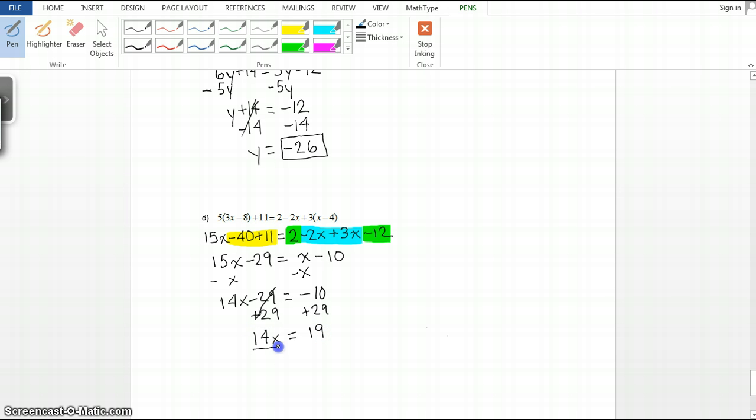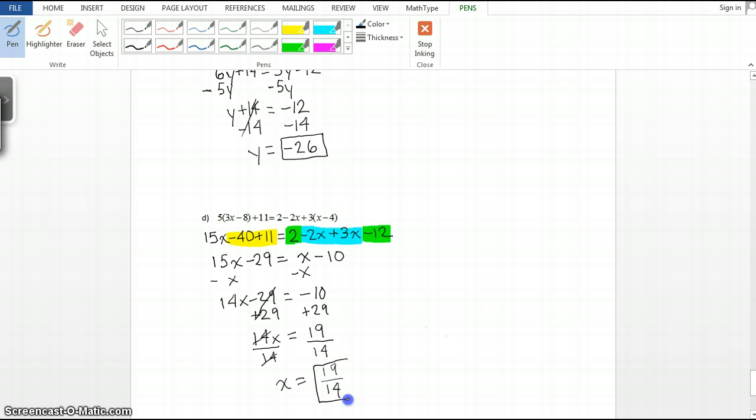The only thing left to do is to undo. This is 14 times x. So we need to undo that multiplication by dividing by 14. So my answer, see those 14s cancel, x by itself, that's what I wanted, 19 over 14.